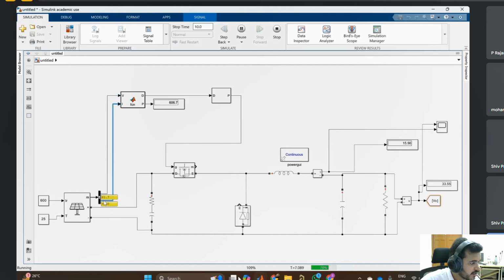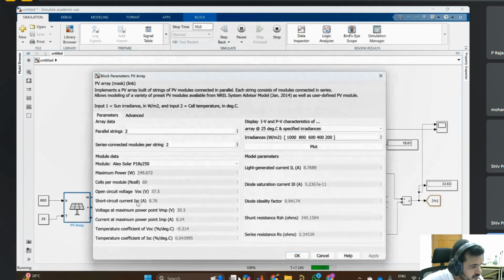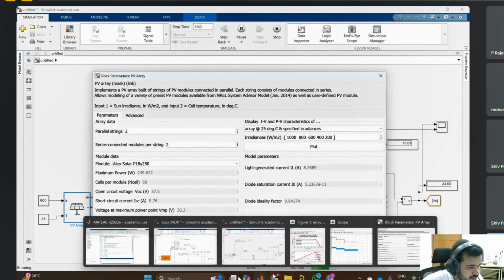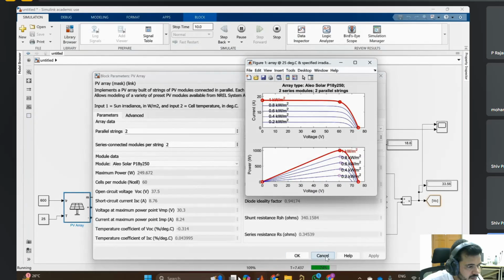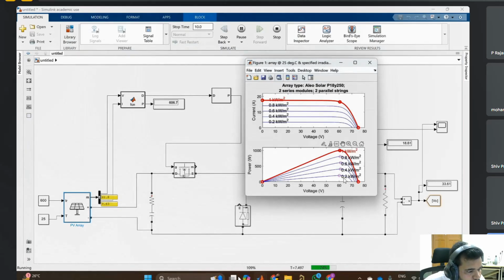9.8 ampere current, 61.8 is the maximum power. The maximum power is at 600, 61.2 volt at maximum power.